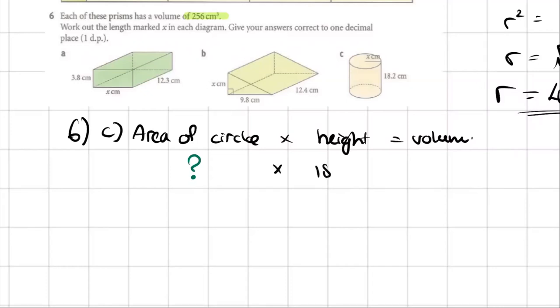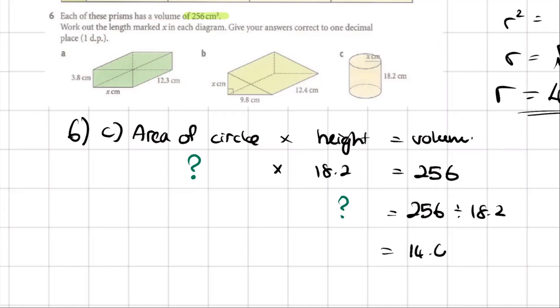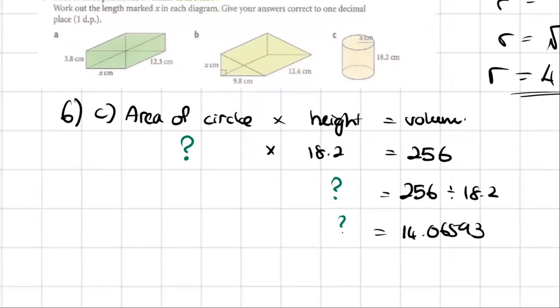Multiply by height 18.2 is equal to 256. The one that I don't know, which is the area of the circle, will be equal to 256 divided by 18.2, 14.06593. This is your unknown, the area of the circle. So now the area of a circle is pi r squared.